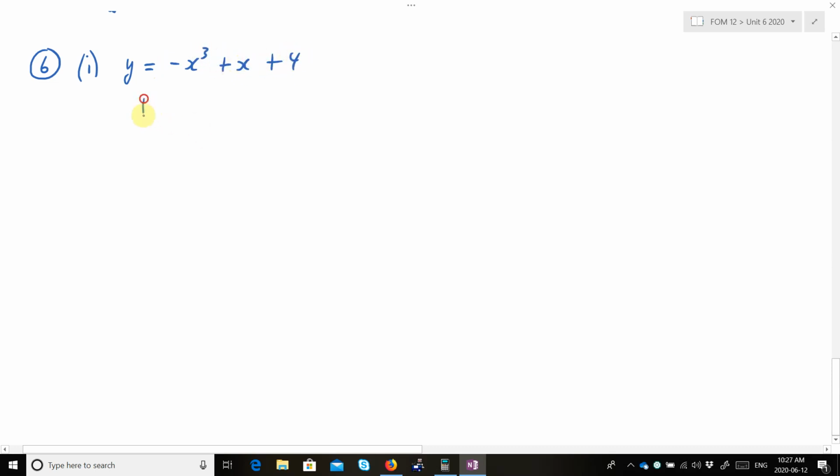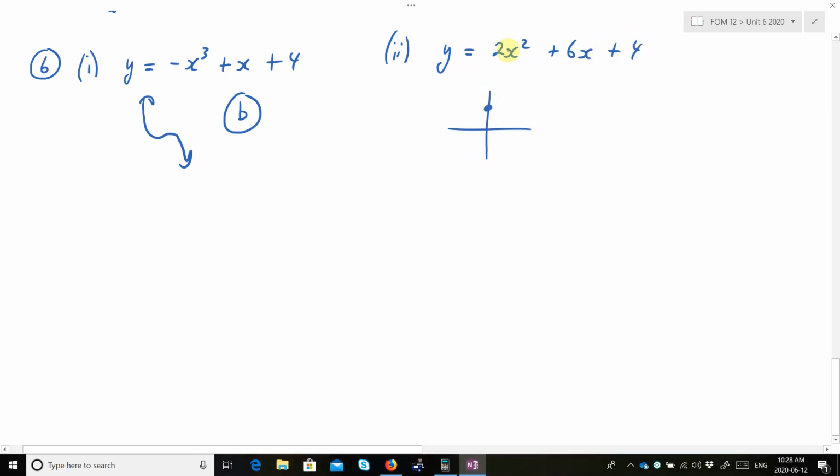Okay, so very roughly this would look like this, right? And so the answer for this one is B. Number 2 is y equals 2x squared plus 6x plus 4. The 4 is the y-intercept, and since it's x squared, it's U-shaped, and it's facing up because the leading coefficient is positive, so it should look like that.